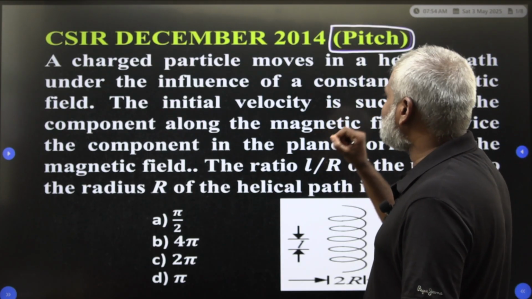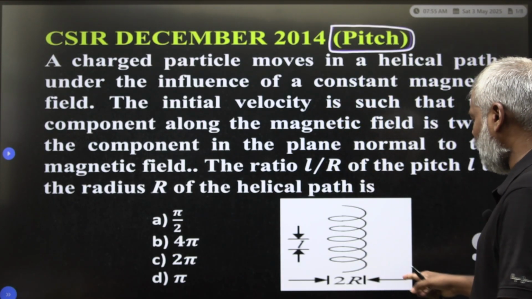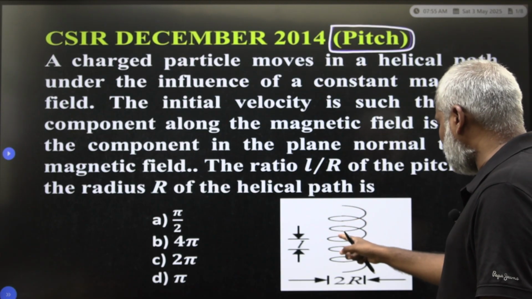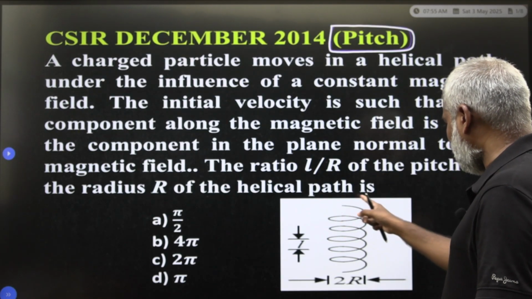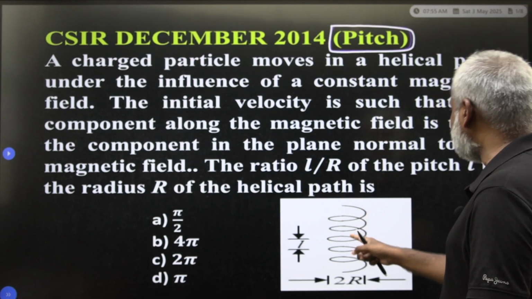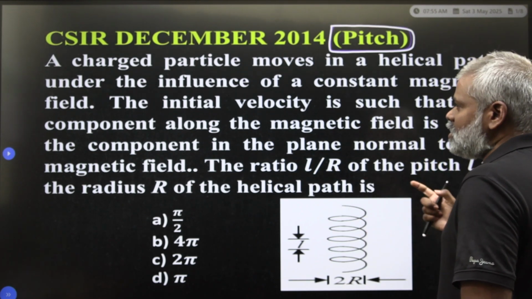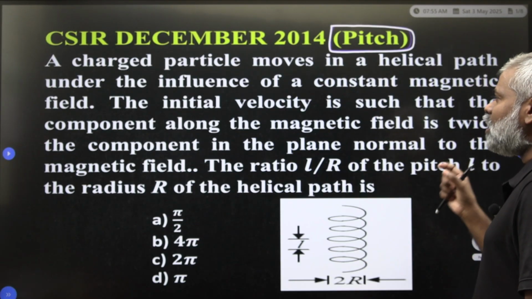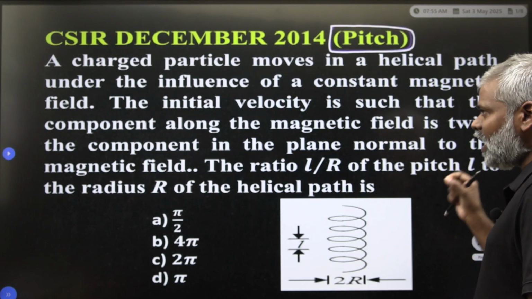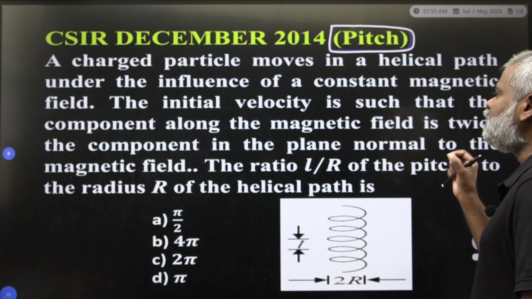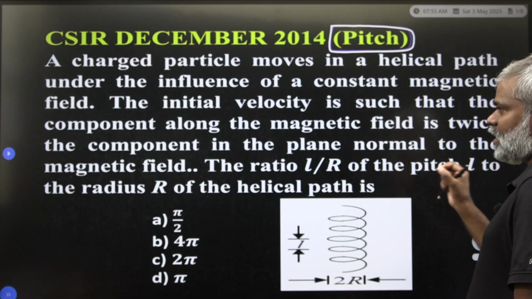A charged particle moves in a helical path under the influence of a constant magnetic field.